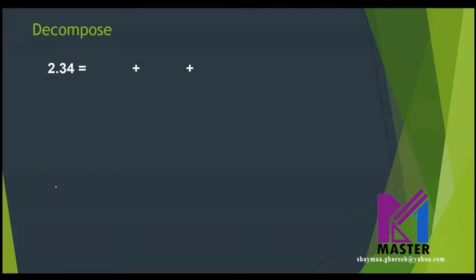Now look at this question. Decompose. What is the meaning of decomposing? That is to write or to split the number into the value of each digit. So if I want to split this number into the value of each digit, I will start by reading 2.34 or 2 and 34 hundredths.